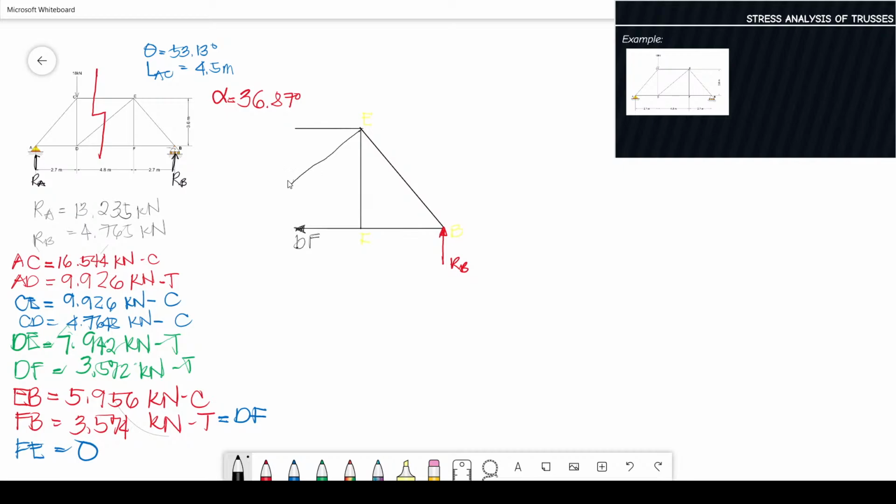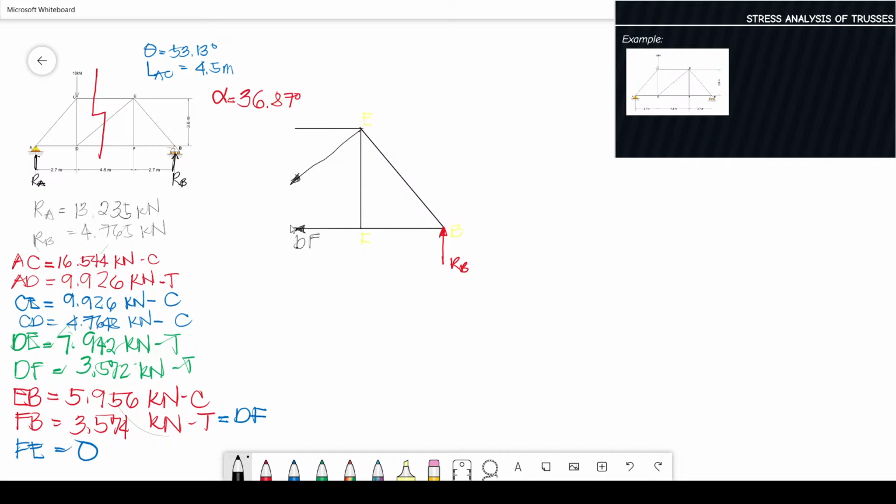This is E. So I'm placing this here for our reference later on. However, imagine that we don't have this, our assumption, okay? So DE is tension.